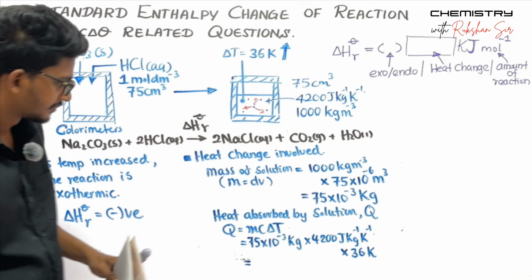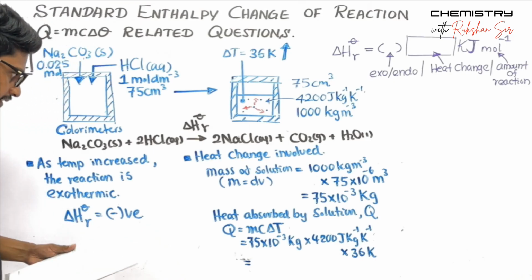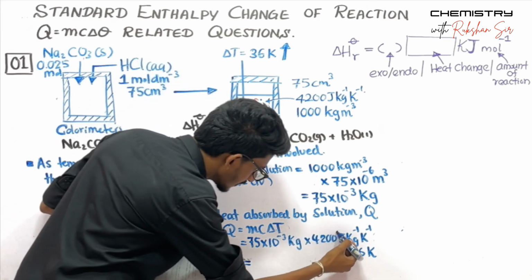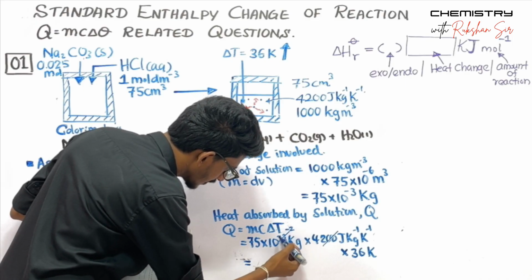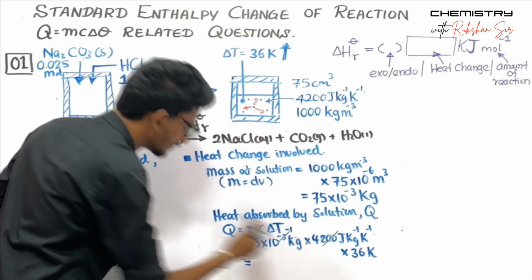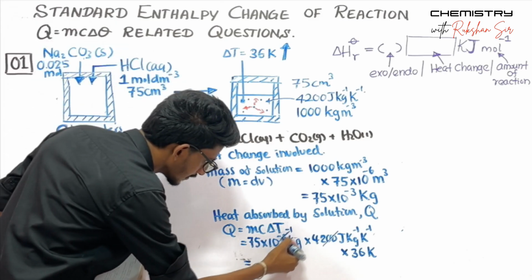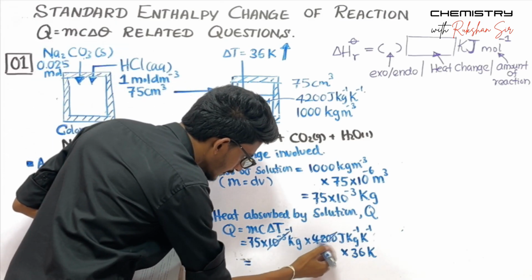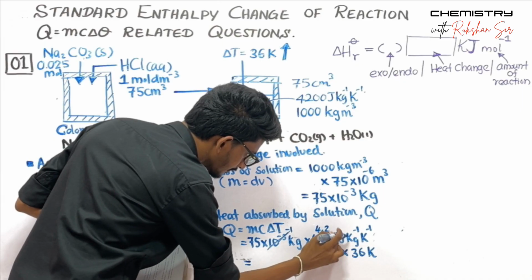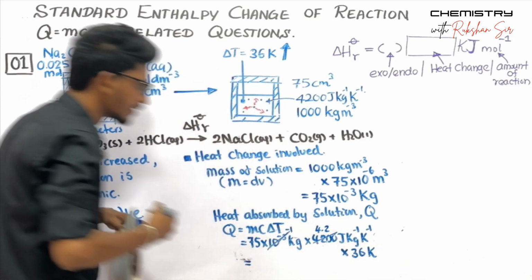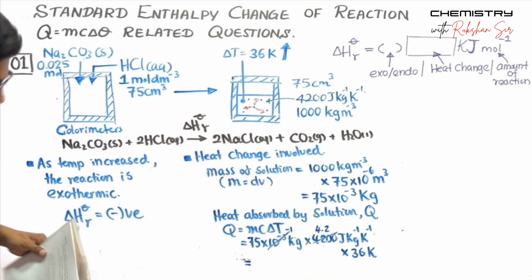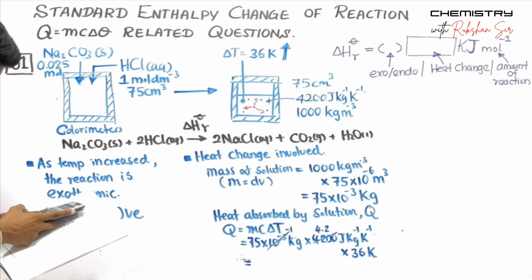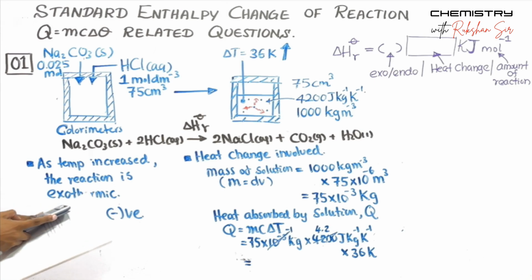Let's do this calculation. So 75, so these 2 zeros will cancel off with this. Minus 1 will remain, sorry. So one can say this becomes just 4.2, right? As 3 decimals comes there. 75 into the 4.2 into 36.